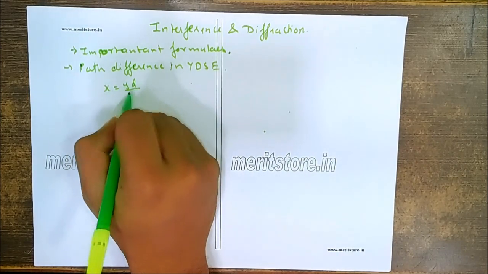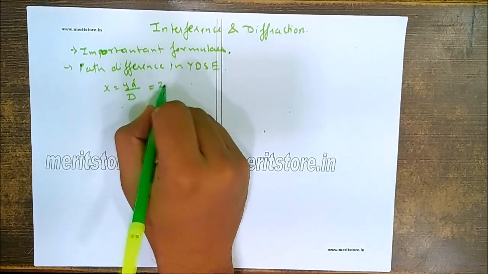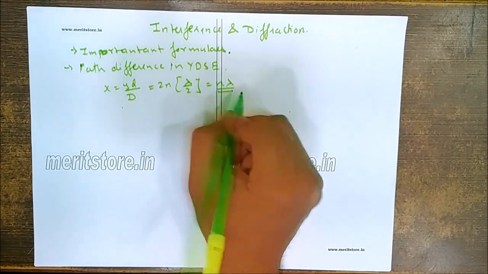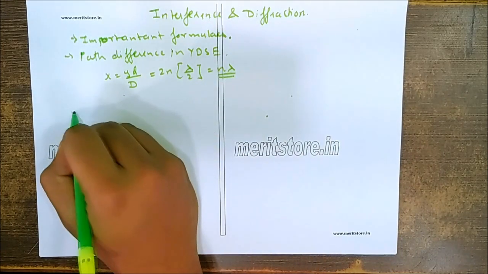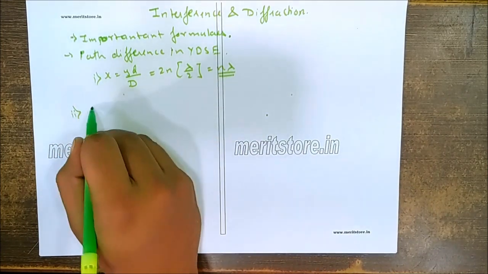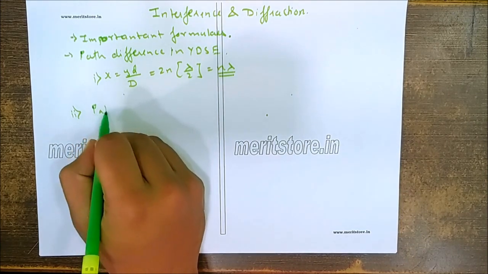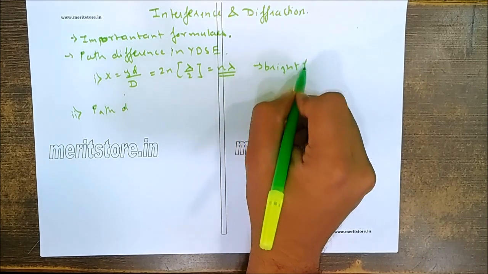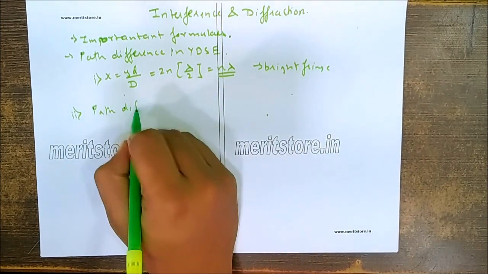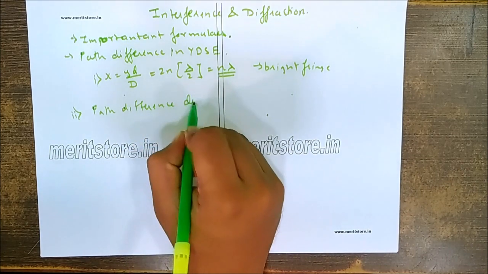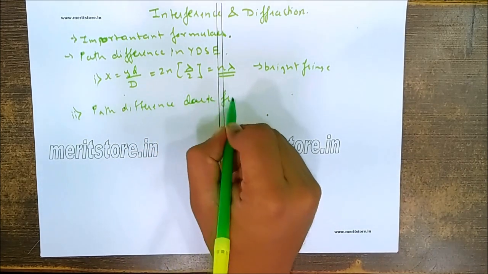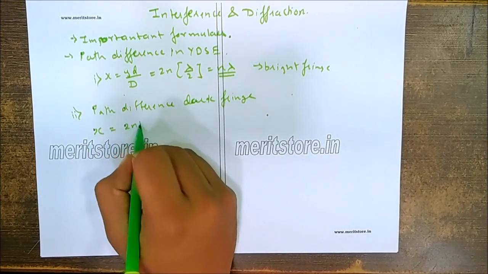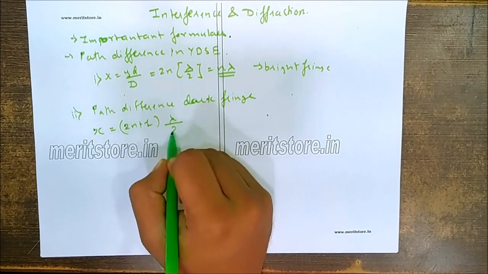X is equal to yd upon D, that is equal to 2n lambda by 2, that is equal to n lambda. The next formula, this is first one, this is second one. Path difference for dark fringes. Now this was for bright fringe, and now this is for dark fringe. X is equal to (2n plus 1) lambda by 2.